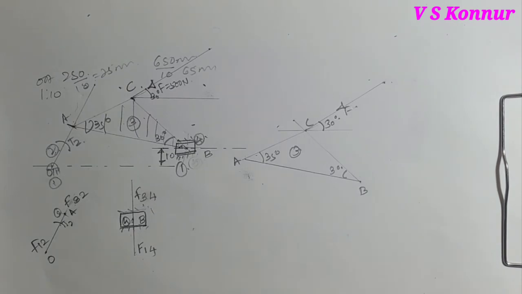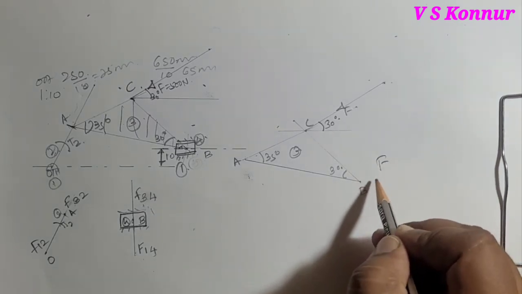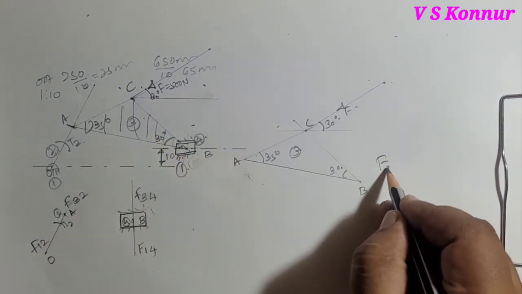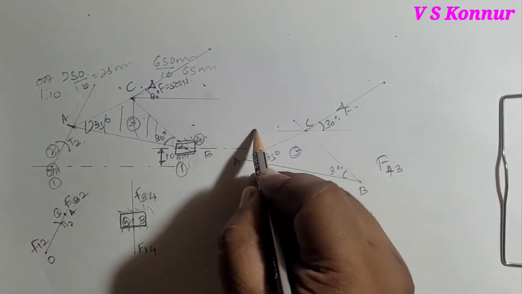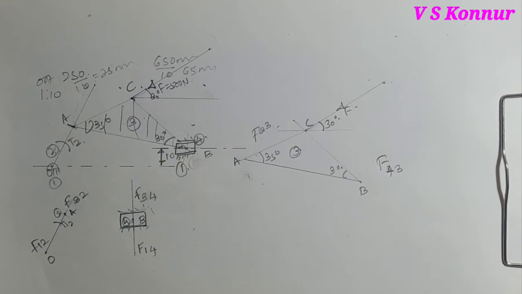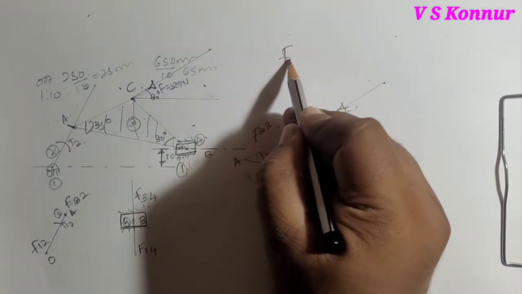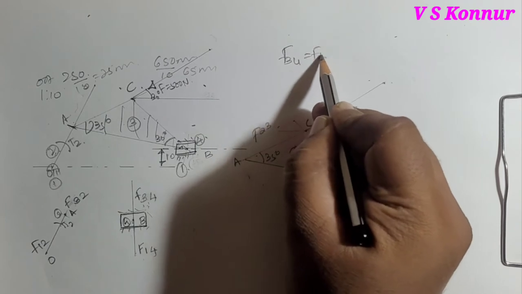Now the force acting at this point is F4 on 3, at this point, second link on third link. So F23 is acting here. Now we know the line of action of F34. This F34 is equal and opposite to F43.